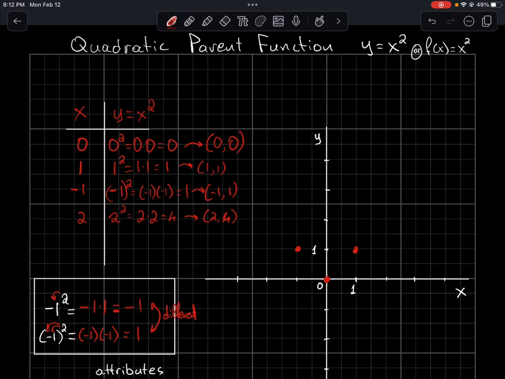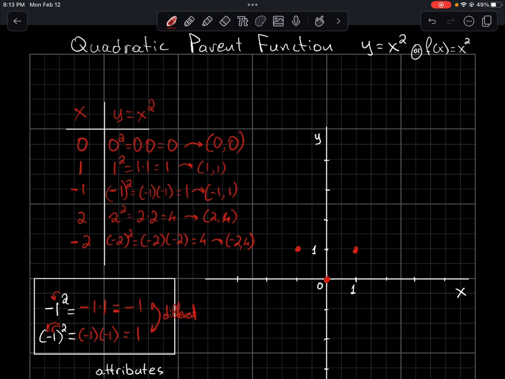And usually when we plug in a number, we put its opposite. So let's just put the opposite of this number and see what happens. Again, I'm going to plug it in inside the parenthesis, squared. That's going to be negative 2 times negative 2. Negative times a negative is positive, 2 times 2 is 4. And what I get here is the point negative 2, 4.